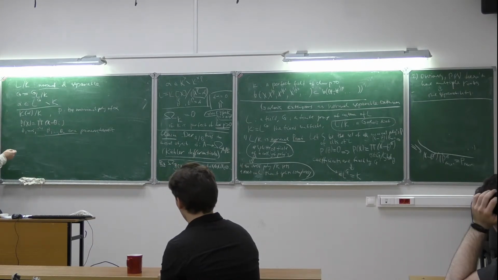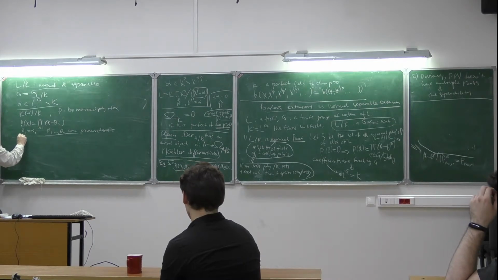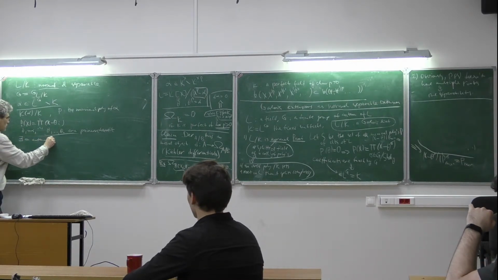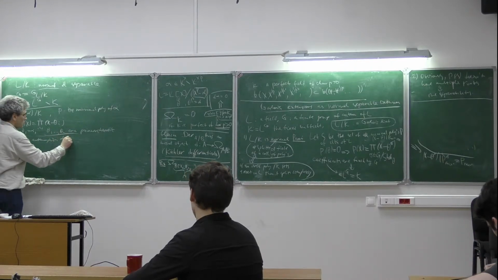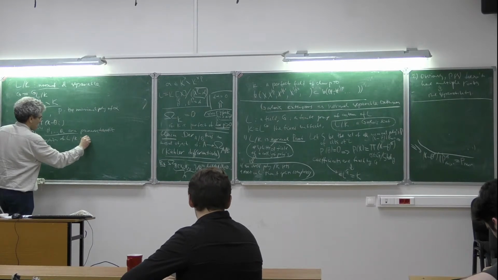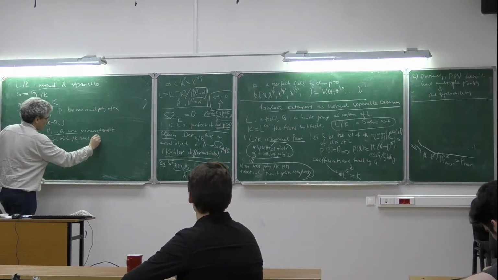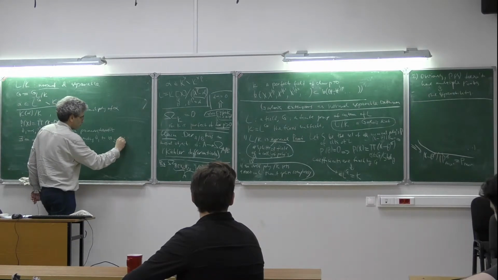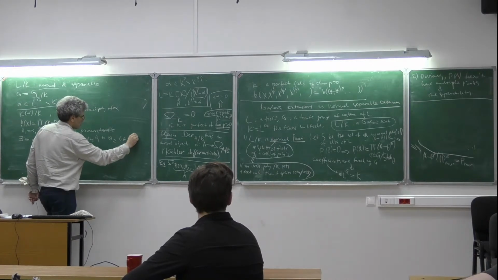Let me write this: there exists an automorphism of L over K sending theta 1 to theta 2 if n is greater than 2.